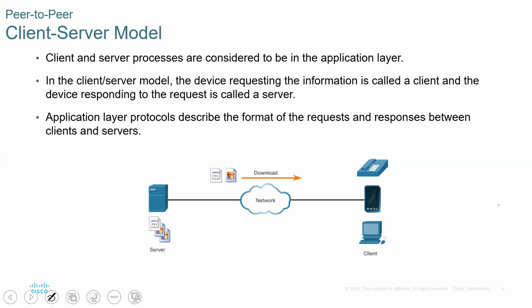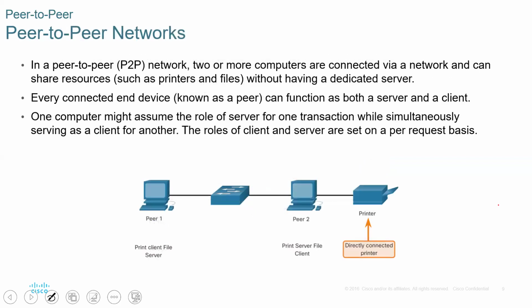So in the client-server model, the device requesting information is called a client, and the device responding to the request is called a server. Application layer protocols describe the format of the requests and responses between the clients and the server.